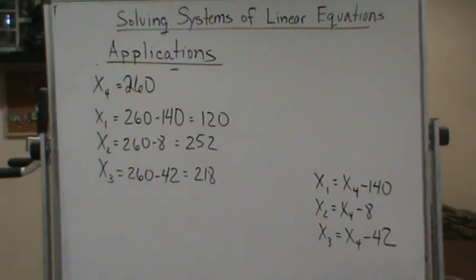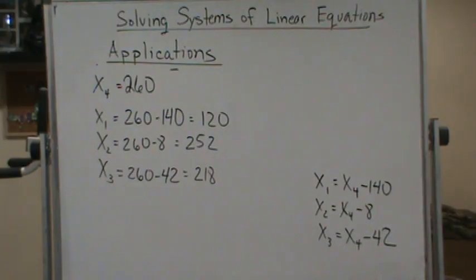Okay, and then finally it says if the traffic between D and A is between 250 and 300 vehicles per hour inclusive, determine the flow rates of X1, X2, X3. Okay, so between 250 and 300. All right, cool.